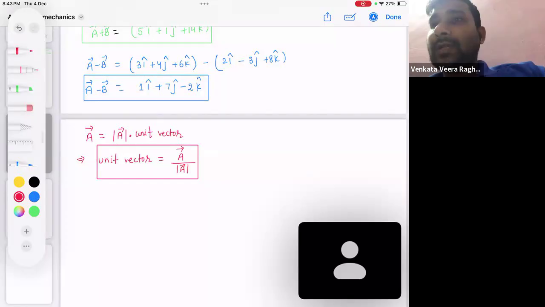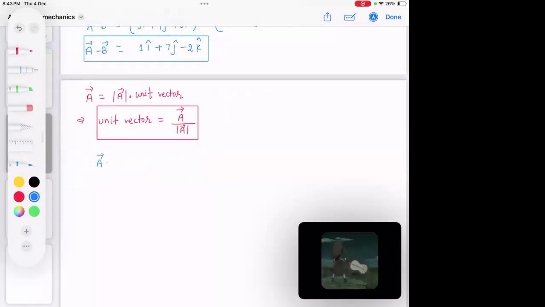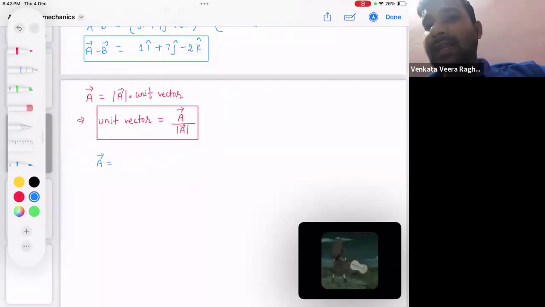Is that clear? So now the question arises, sir, how do we calculate the magnitude of the vector? Let's say a vector is given to us as A i cap plus B j cap plus C k cap, or minus C k cap, anything. The magnitude is root of x square plus y square plus z square.